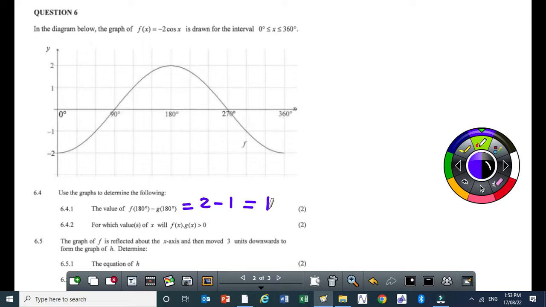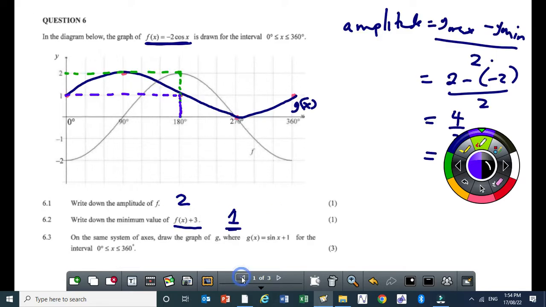Then the next question says, for which values of x will f of x times g of x be greater than 0? Remember yesterday how I explained this? Here, both the y values must be positive for us to get a value more than 0, or they must be both negative in order to get a product which is more than 0.